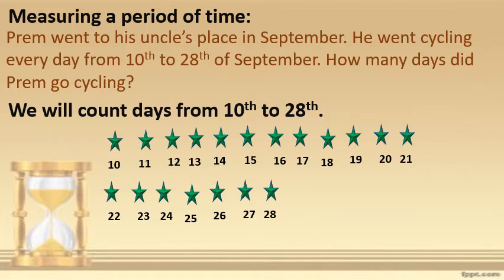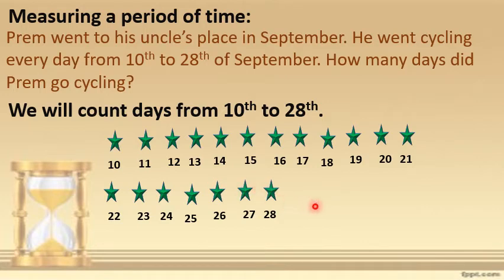Okay. Now we will count how many dates are there. This is 1, 2, 3, 4, 5, 6, 7, 8, 9, 10, 11, 12, 13, 14, 15, 16, 17, 18 and 19 days.